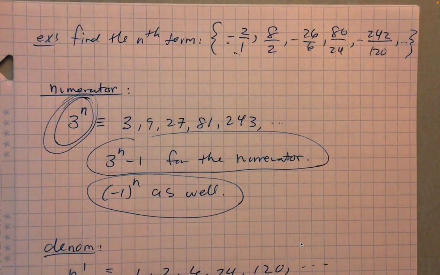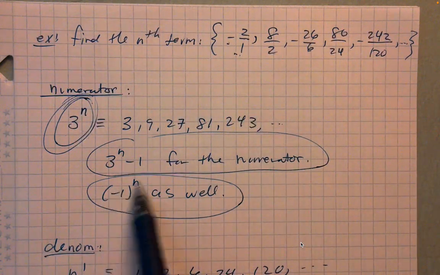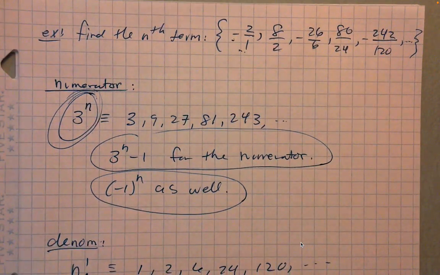There's a lot of trial and error, a lot of guesswork, hopefully recognizing some things, and then just having sort of a mathematical worldliness, like knowing what 3 to the n looks like for the first 4 or 5 terms, knowing what n factorial looks like, knowing that the oscillating nature of the sequence will require negative 1 to the n be a part of it, etc.